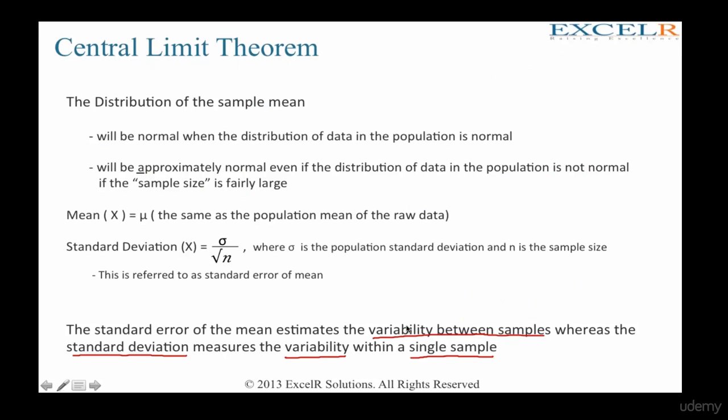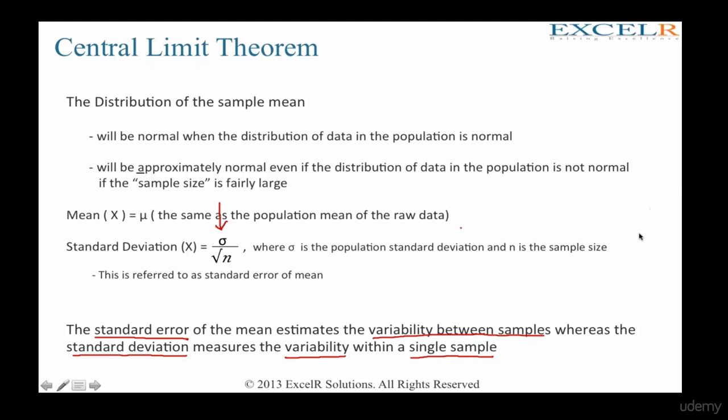However, variability between different samples is measured using another measure called the standard error. And standard error is given by this formula, which is sigma over square root n. So standard deviation measures the variability within a sample, and variability between samples is measured using standard error. These are a few things that you need to remember.